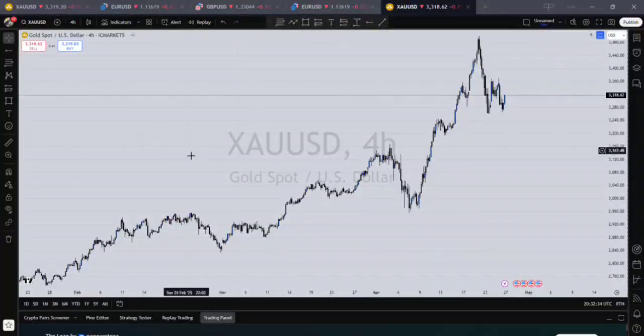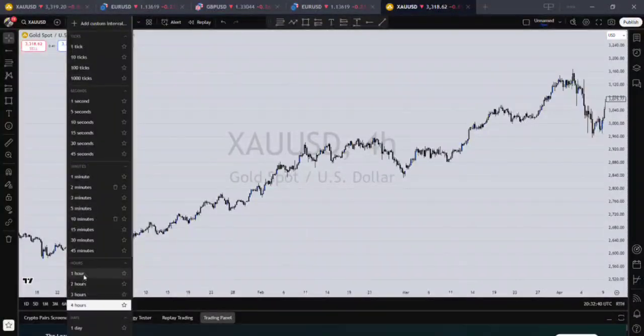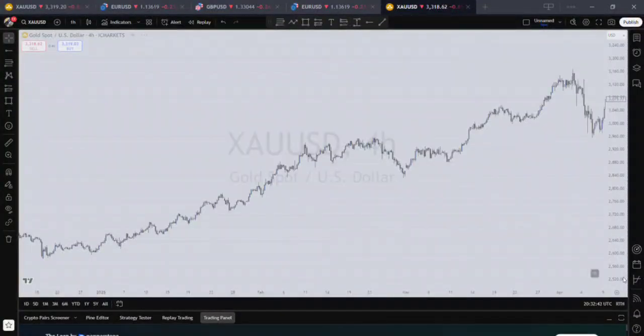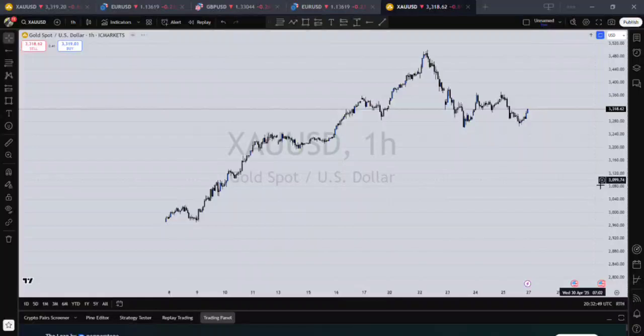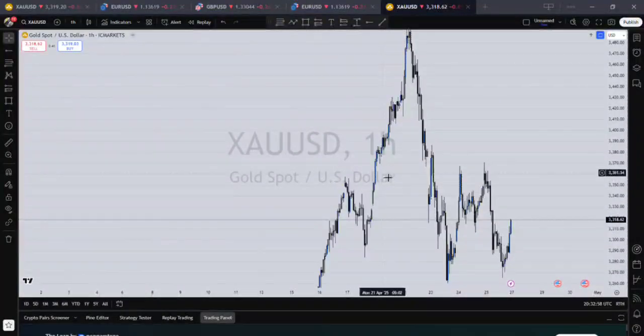Okay, that brings us to Monday 18th, 2024 on gold. What time frame do you see? Monday 18.